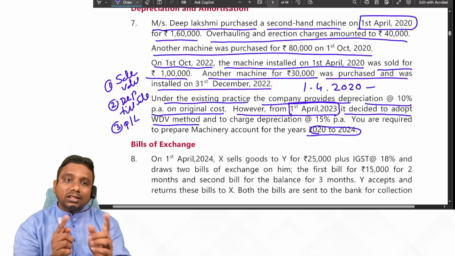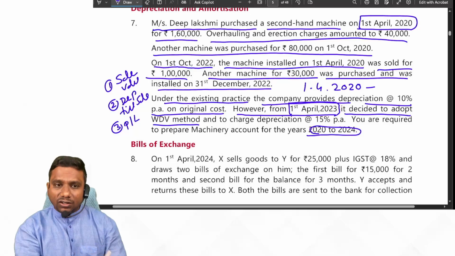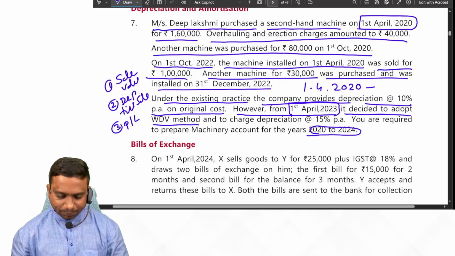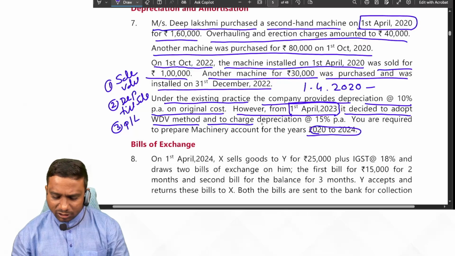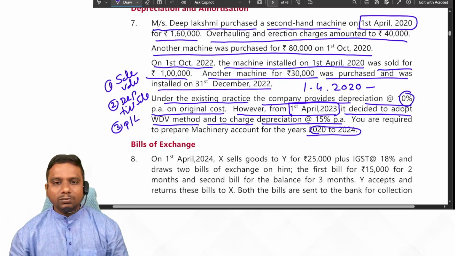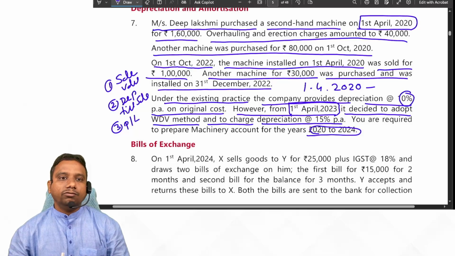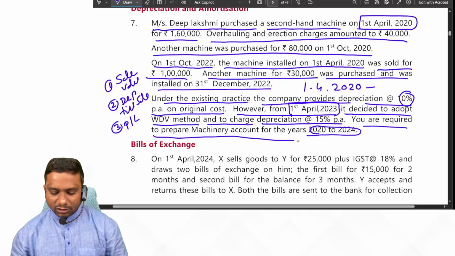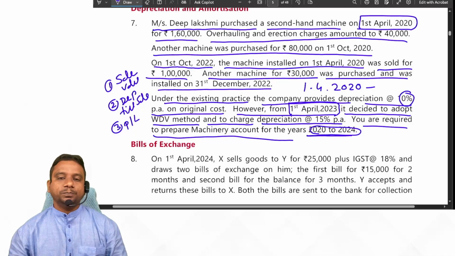That means till 31st March 2023, they followed the original cost method or straight line method, charging depreciation at 10% per annum. Now the rate of depreciation is 15%. You are required to prepare the machinery account for the years 20 to 24.